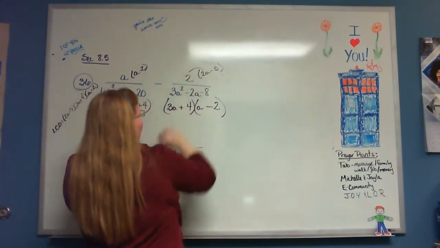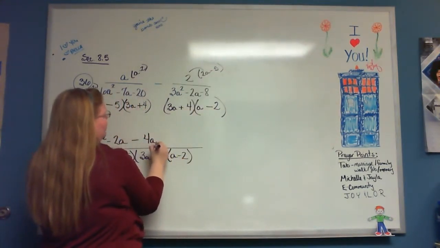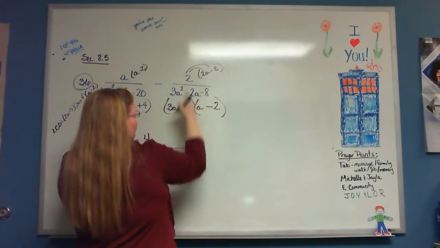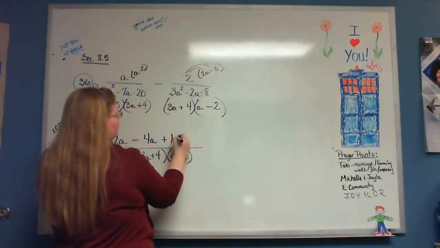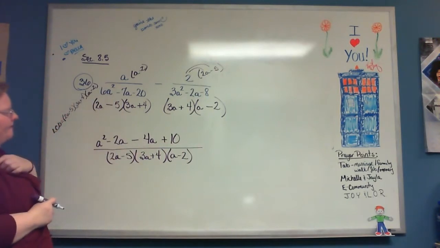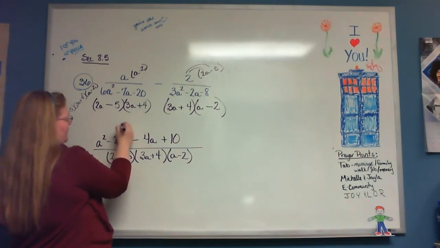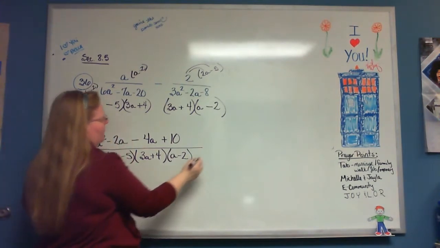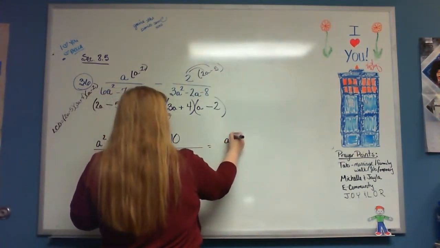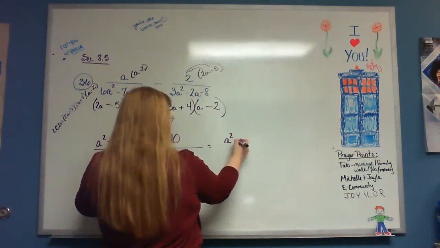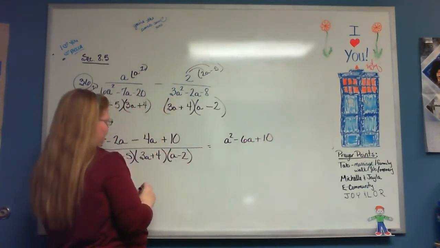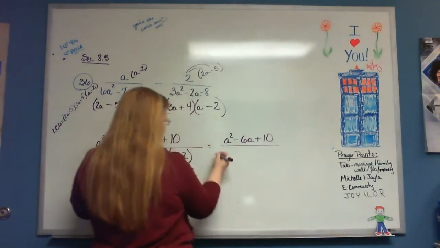So that's going to give me 4a. Then minus the negative 10. Minus a negative is going to be plus 10. So that gives me on top, I'll write it out, take my time: a squared minus 6a plus 10 over my LCD.